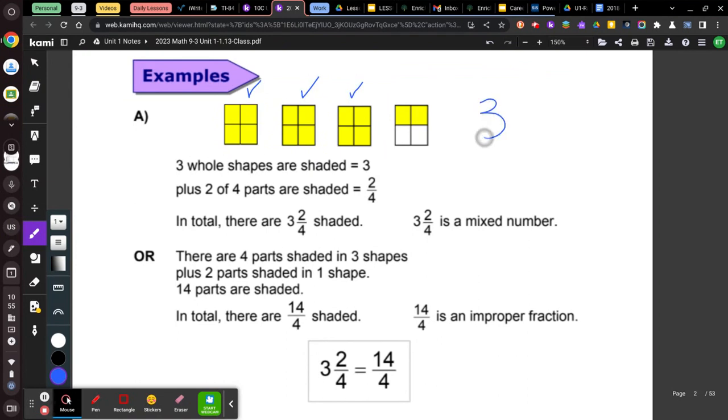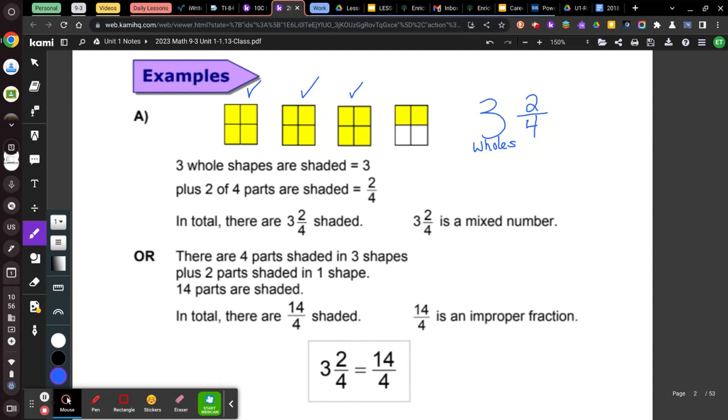That gives me 3 wholes. Okay, so 3 entire big pizzas. Now, after the 3 wholes, what do we have left over? I've got 2 pieces I ate out of 4. That's how many I ate. So I ate 3 whole pizzas and 2 pieces out of 4. That's what that's telling me.